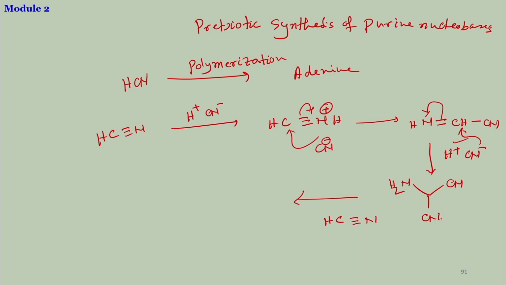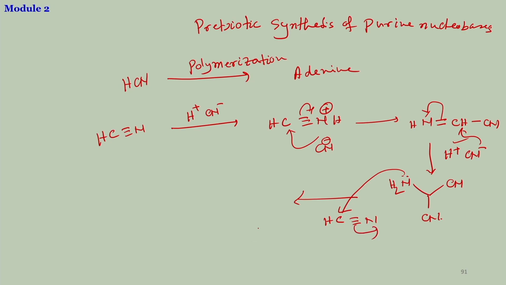Now once you form this, you have a nucleophile amine which has a lone pair of electrons. Cyanide is also electron deficient, it acts in both ways. So this lone pair of electrons can attack the cyanide carbon and eliminate this.